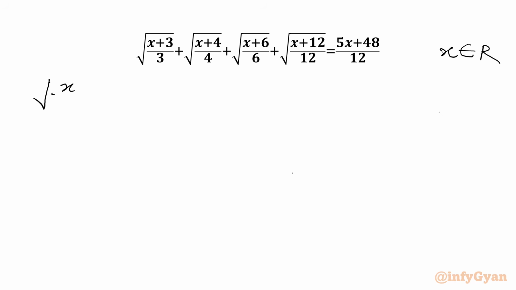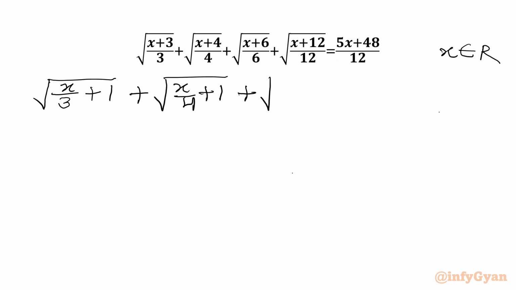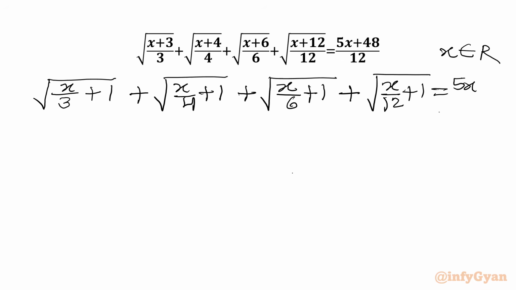We'll write the square root of (x over 3 plus 3 over 3, which is 1), plus the square root of (x over 4 plus 4 over 4, which is 1), plus the square root of (x over 6 plus 1), plus the square root of (x over 12 plus 1), equal to 5x over 12 plus 48 over 12, which is 4. We have x over 3, x over 4, x over 6, x over 12.